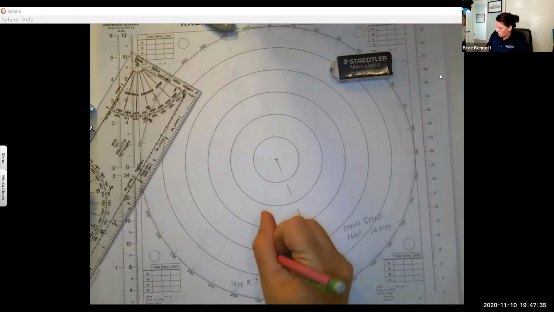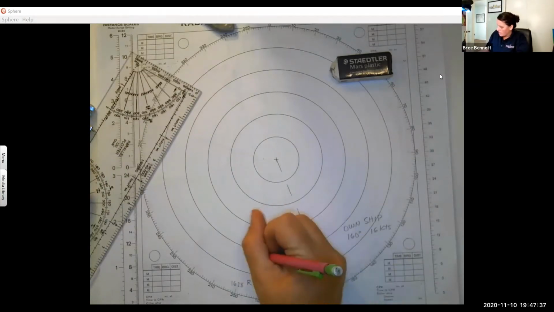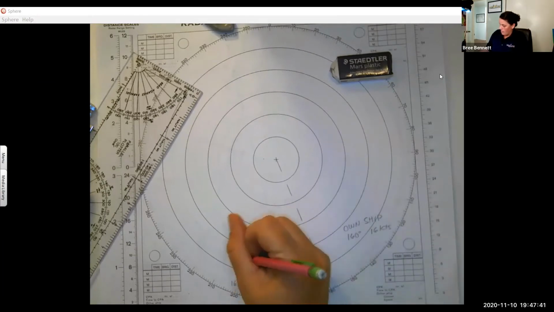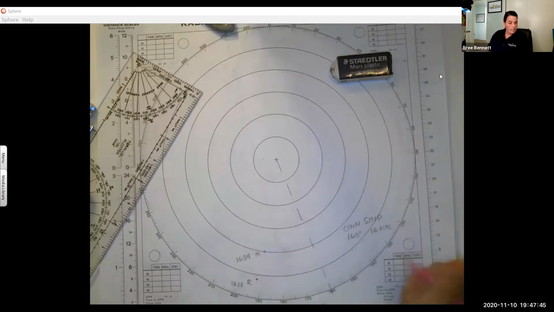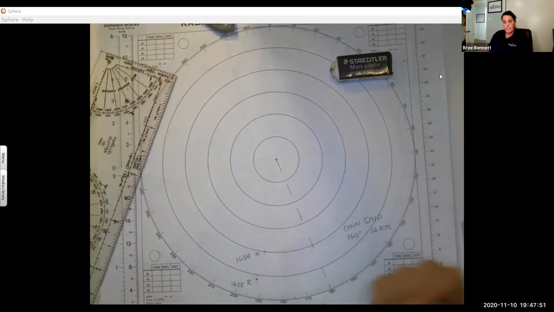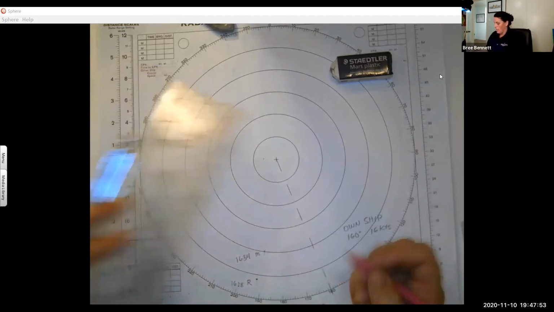So there's our 8 miles, and that is going to be M. So 1634 is our M. Now we're going to connect our R and our M to get our relative motion line.